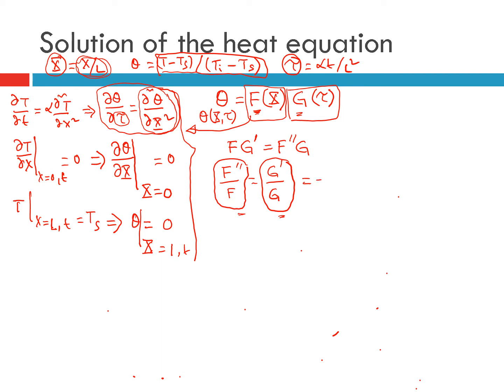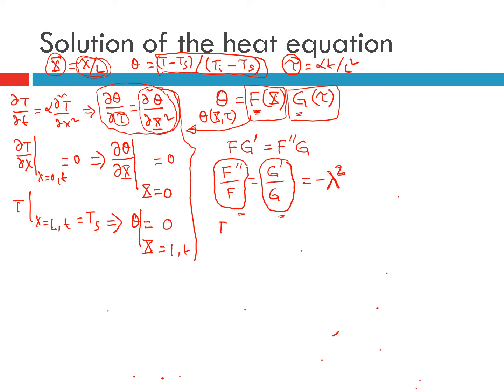And let's call that constant minus lambda square. Why minus? Because that's when we get a non-trivial solution. If we start with plus lambda square, we're not going to get any useful solution. So we say this is equal to a negative quantity, minus lambda square, where lambda is a constant. So from here now we get two equations.